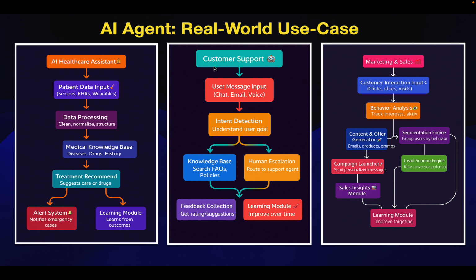If we are talking about customer support, an AI agent receives input from email, chat, voice, whatever we have. Then it detects intent, figuring out what the user wants, and based on that it hands the conversation over to a human, but meanwhile it collects feedback. You can see knowledge base searching for frequent answers, and human escalation is routing to support agents.